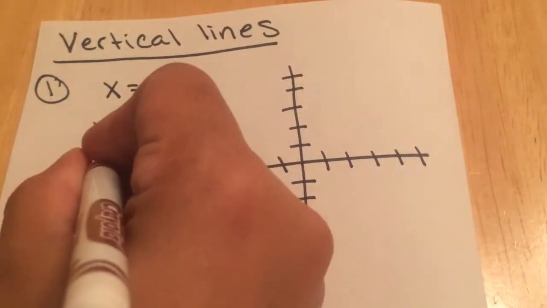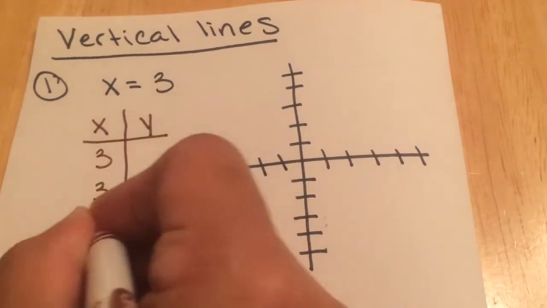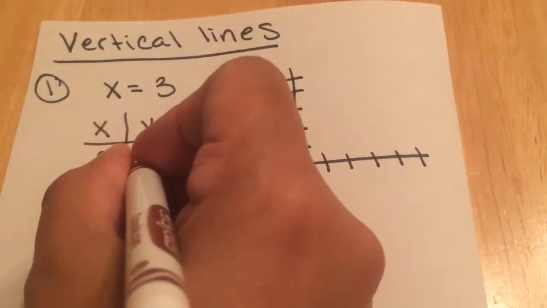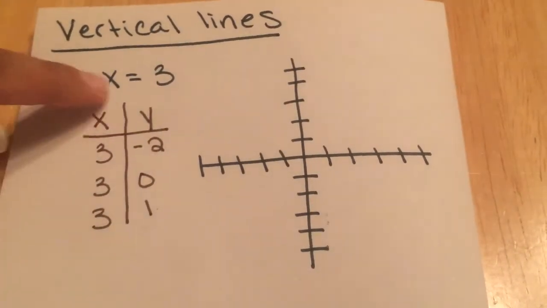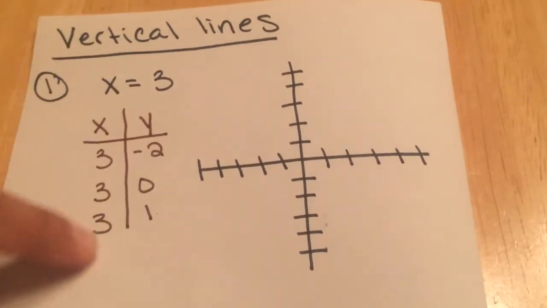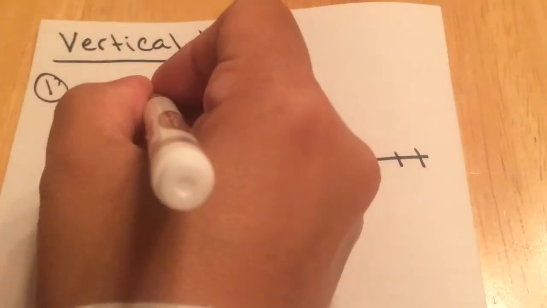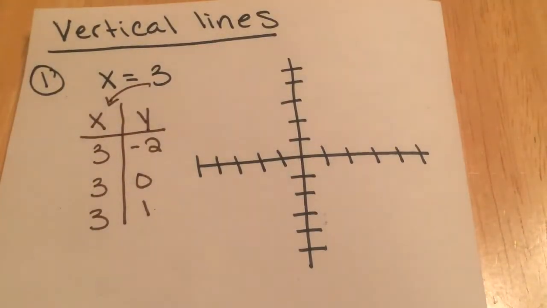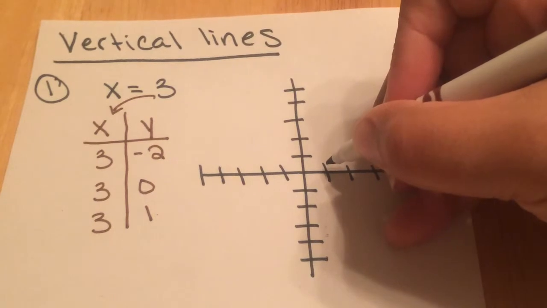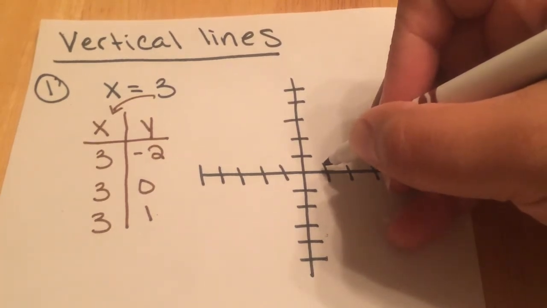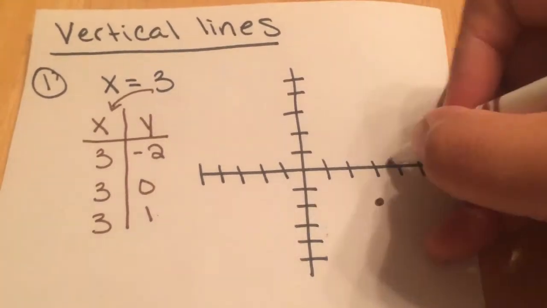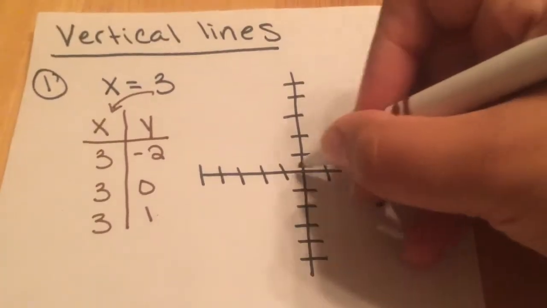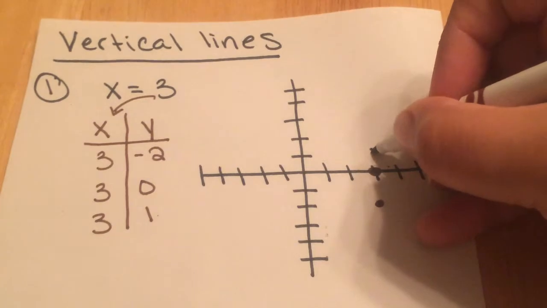So we're told that x equals 3. So it doesn't really matter what y's we pick. So I'm going to put -2, 0, and 1. Again, the thing that we care most about is that x is 3. And we can really see that all of our x's are 3. So now if I graph those points, and again I just chose random points. 3, -2, 3, 0, 3, 1.